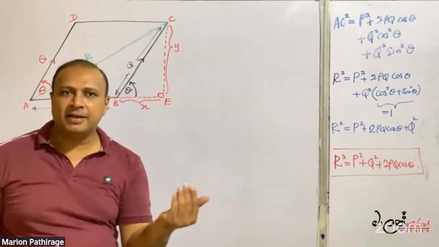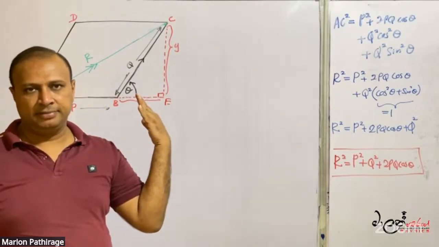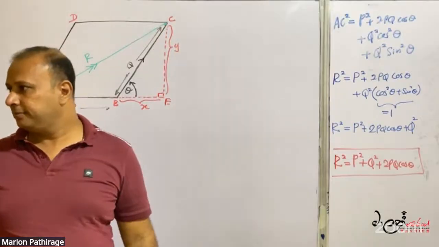That angle may be an angle between the horizontal and the vector. It may be an angle between the vertical and the vector.